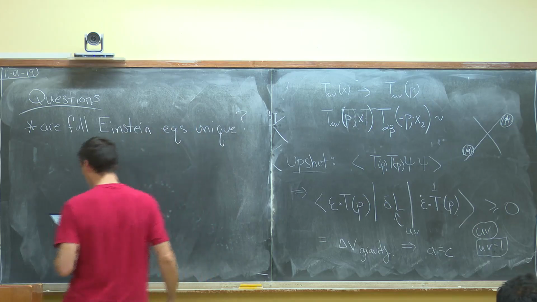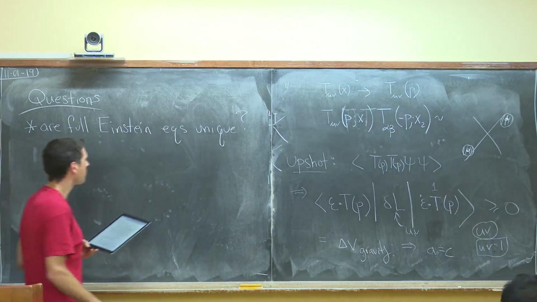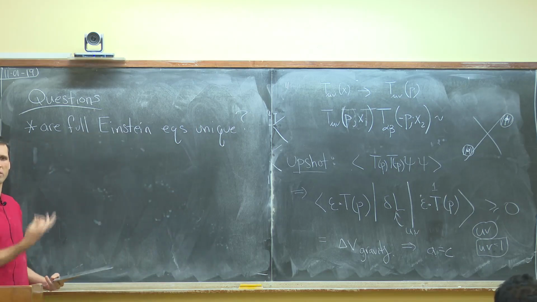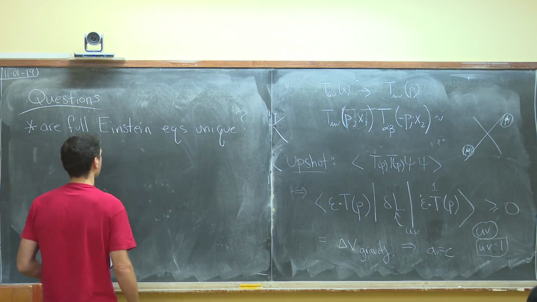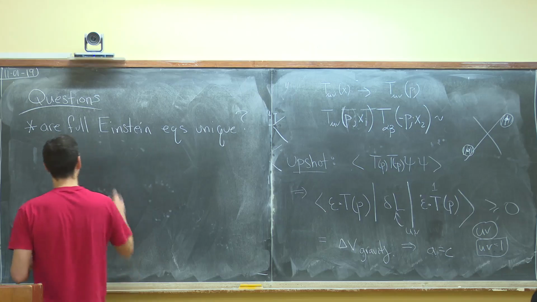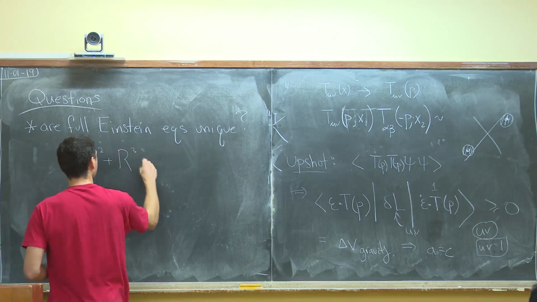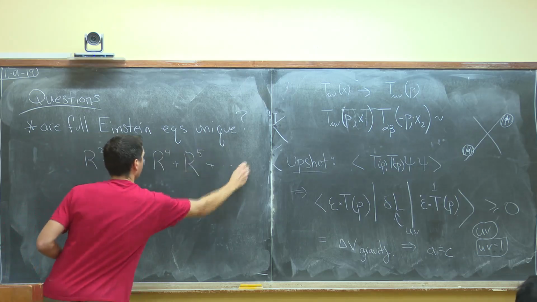Okay, so there are a number of questions that this raises. Maybe one that can be approached even perturbatively. We only talked about the 3-point function. A question that can be approached perturbatively is whether the full Einstein equations are unique. We have our squared terms, our cubed terms, the fourth terms, and so on.